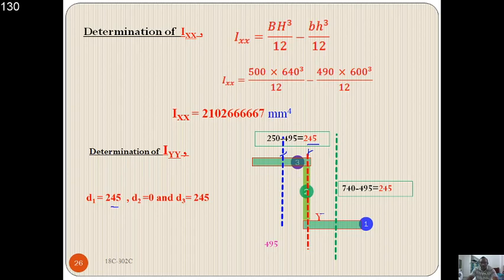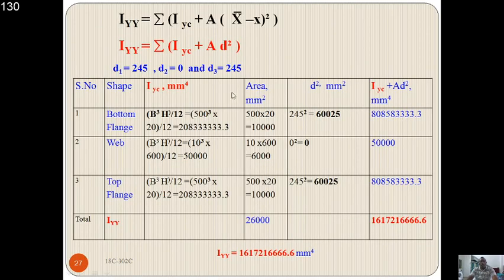For the d2, the same axis will coincide with the web, therefore you get 0 value for the d2. For the d3, 740 minus 495, you get 245. So substitute those values in the parallel axis theorem, the Iyc plus A d square procedure.